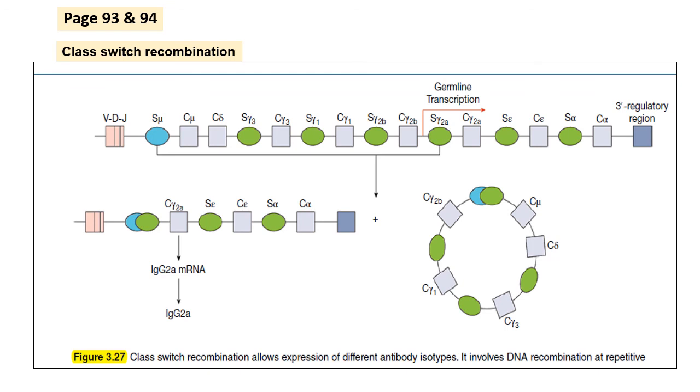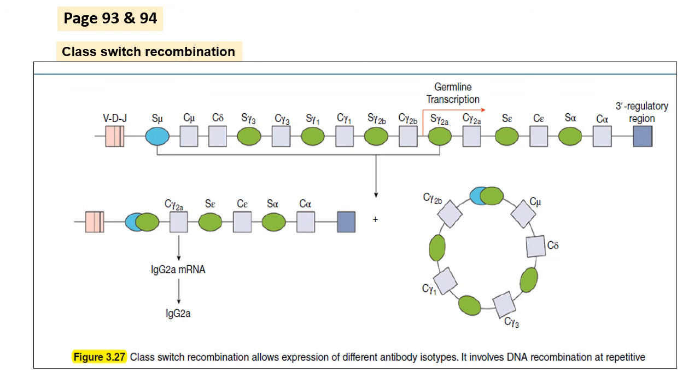Because the cut here was made in the DNA from S mu to S gamma 2A, and all the segments in between, as we mentioned, are cut out and make a circle.